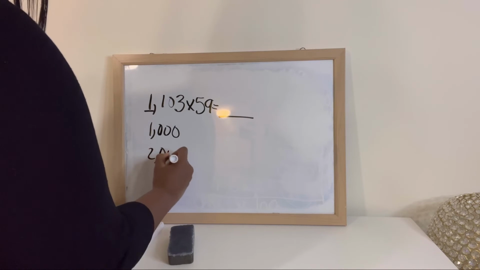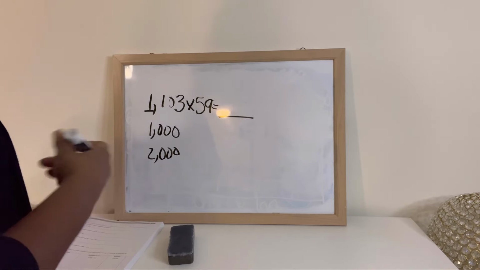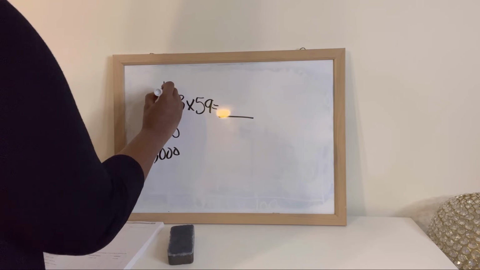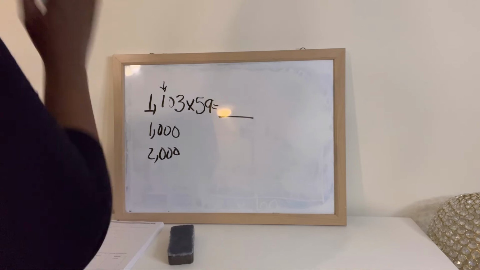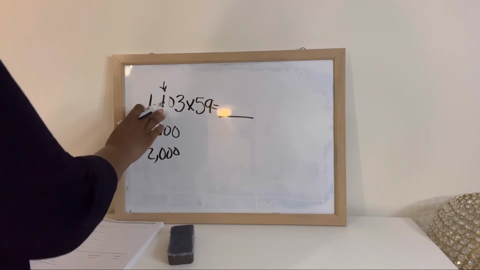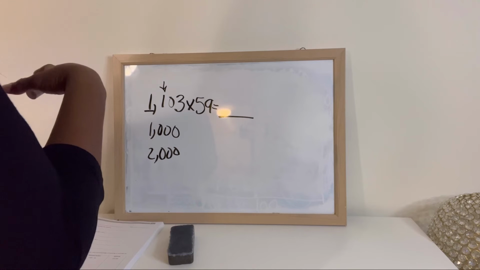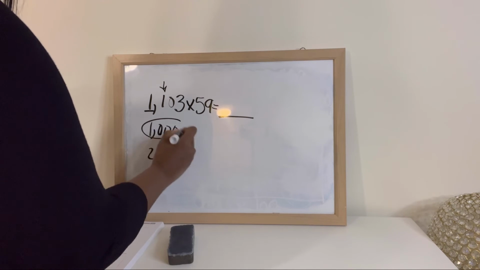You can draw the vertical number line like I did previously, but I'm just trying to show another way. Now I'm going to look at this digit here and see, am I going to round down to the 1,000 or up to the 2,000? Because this is 1, and we know 5 is the halfway point, it's nowhere near that, so we're definitely going to round down to the 1,000.